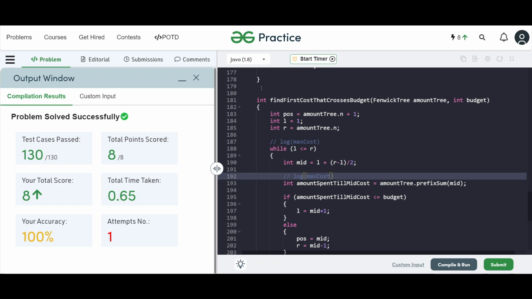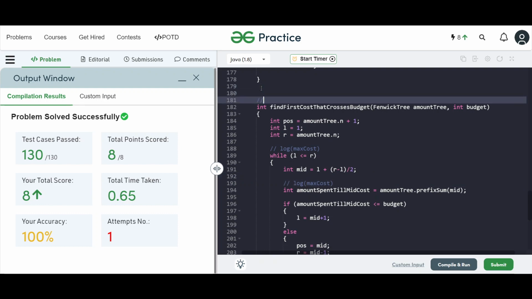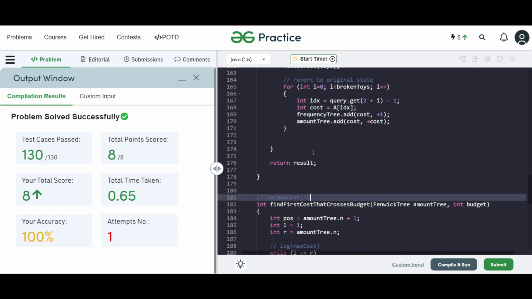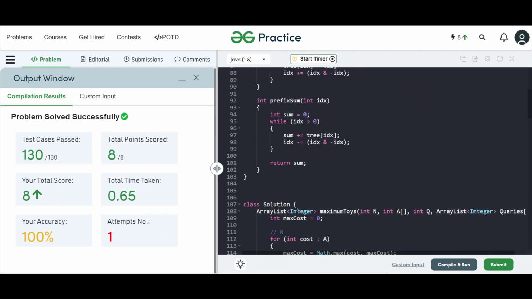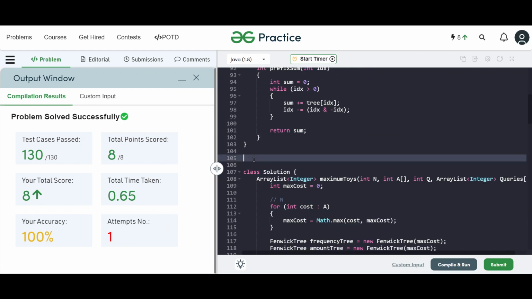So this function's overall time complexity is log of max cost times log of max cost, so log of max cost squared.